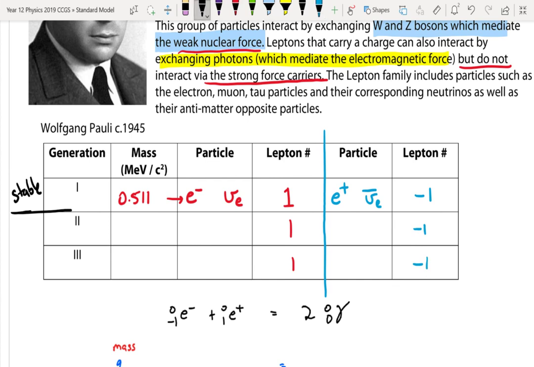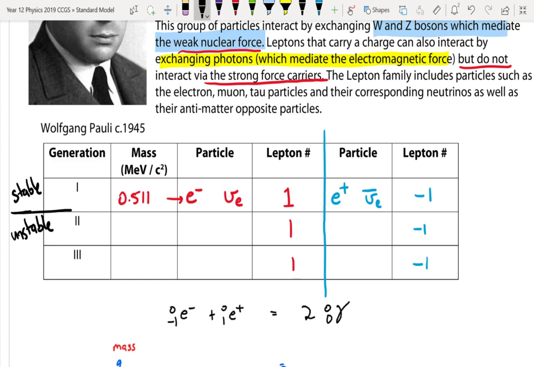Now, if you get more mass, and I'll tell you now that you are pretty much built with generation 1 leptons and hadrons. Gen 2 and Gen 3 are just too heavy and too unstable, and they don't like existing, and so they will just explode and spit out their extra energy and mass.